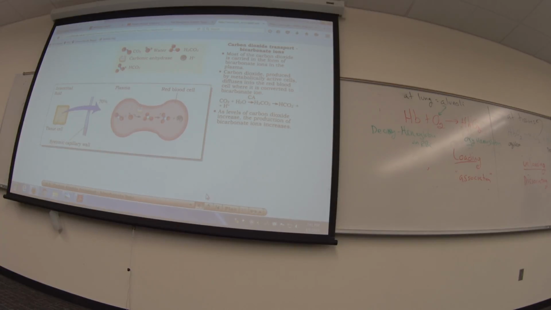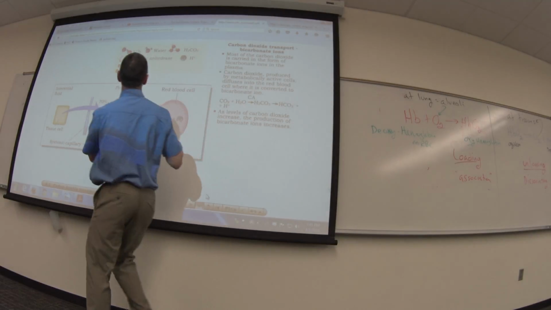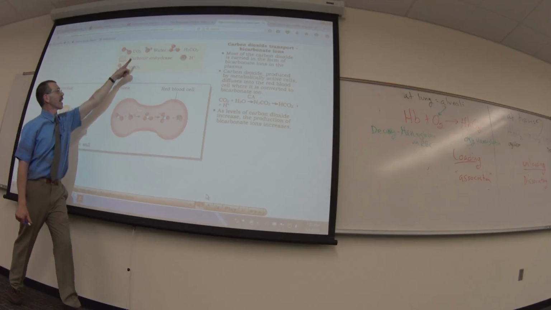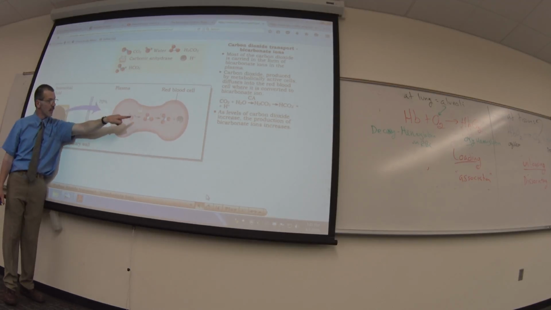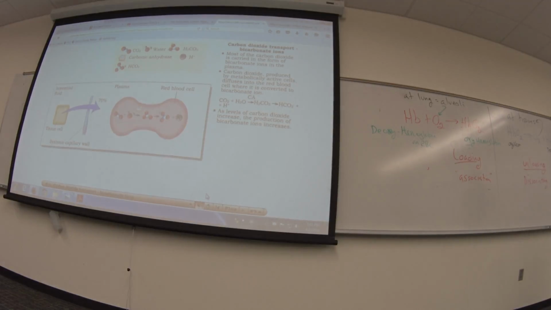Now, there's one other thing. There was an enzyme, right? Did anyone catch the name of that enzyme? How do I know that's an enzyme? ASE. Carbonic anhydrase. If you look at where it is, it's on that arrow right there. So we're going to add that. This arrow is the CA enzyme. CA is carbonic anhydrase.